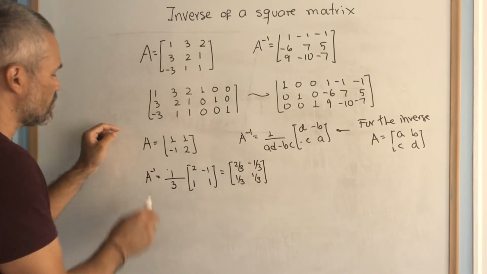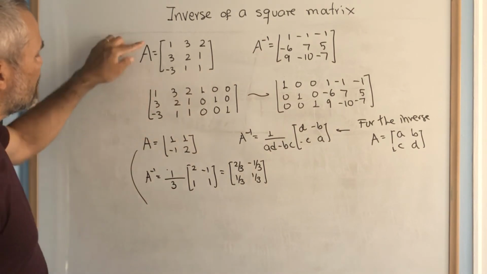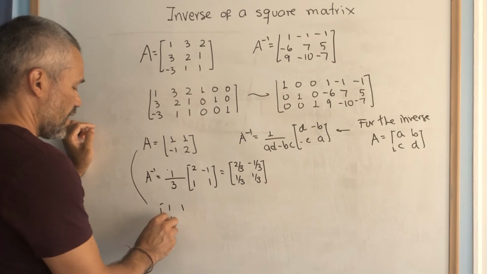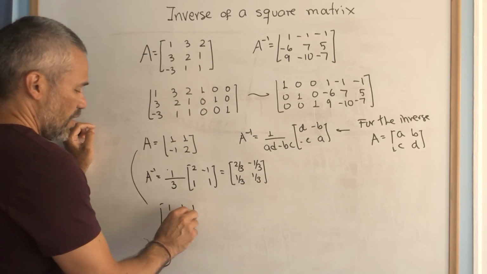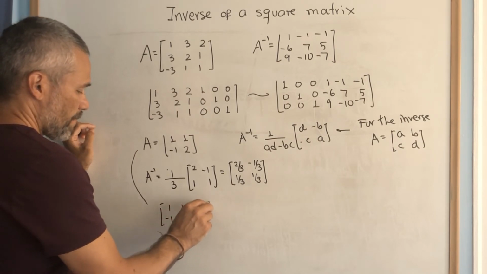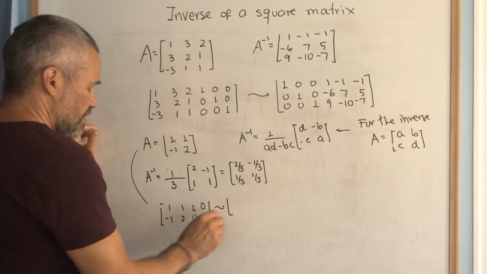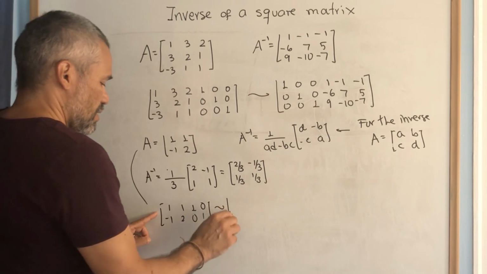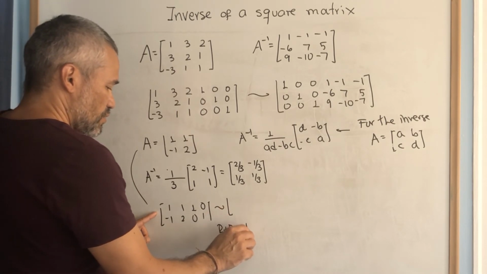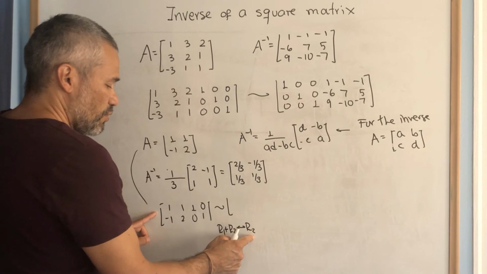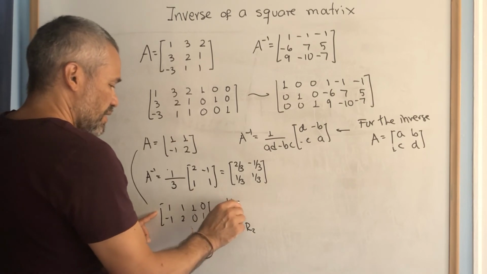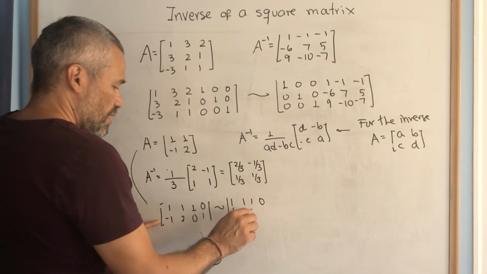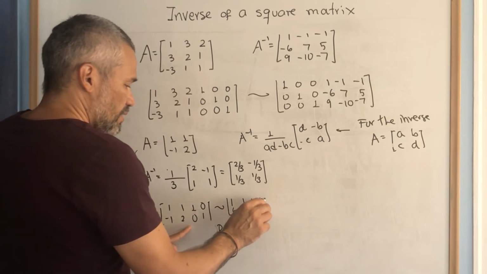Now let's try to do this by using row reduction. If we start here with 1, 1, negative 1, 2, and we add the identity, then this is row equivalent. Let's change row 2 by adding row 1 to it, and I get 1, 1, 1, 0, 0, 3, 1, 1.